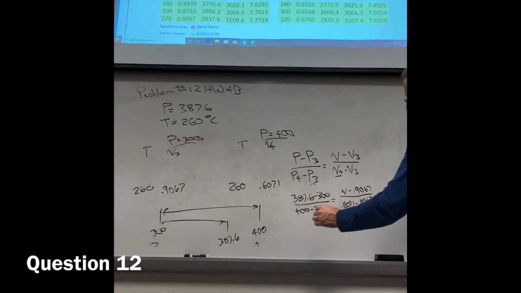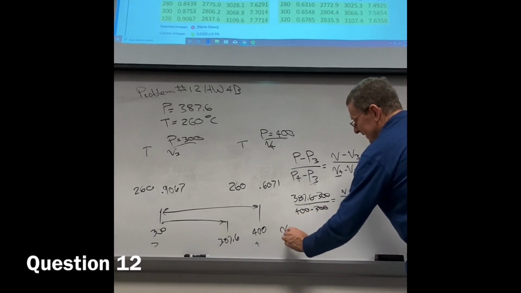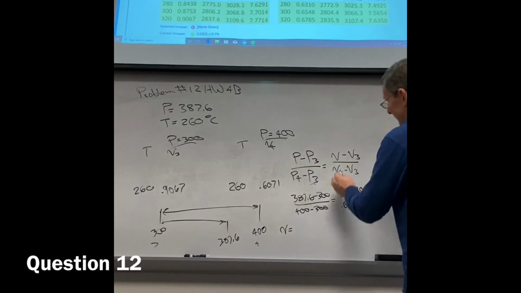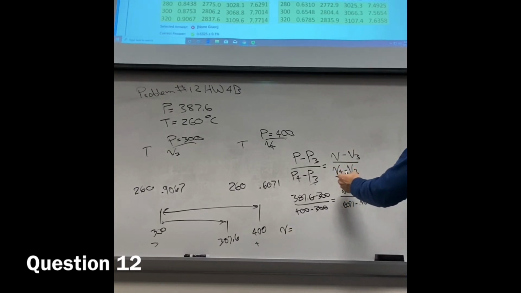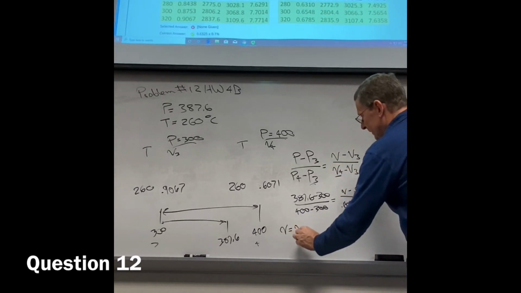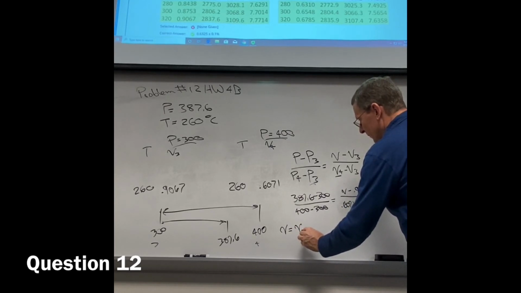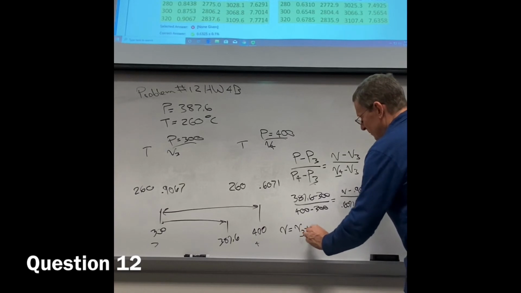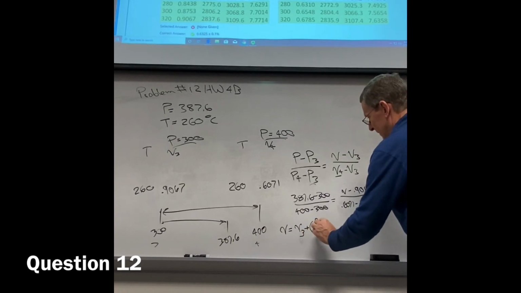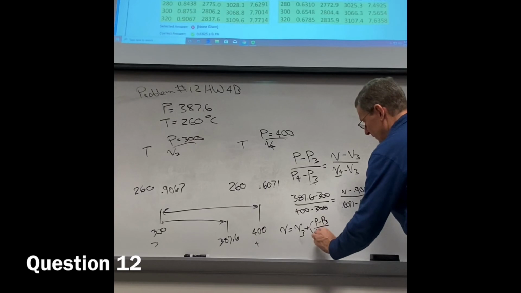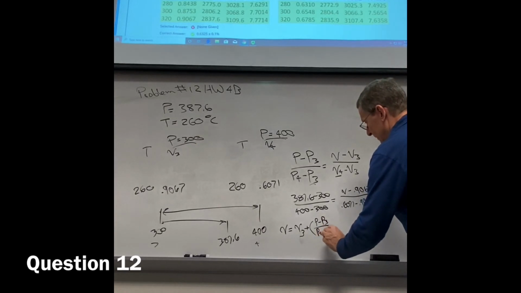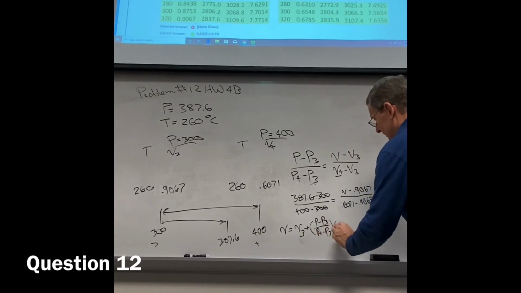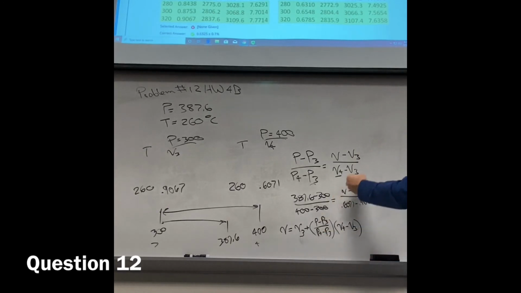And then again, it will be V equals, in this case, V3 plus (P minus P3) over (P4 minus P3) times (V4 minus V3), which is just, with algebra, rearranging this equation.